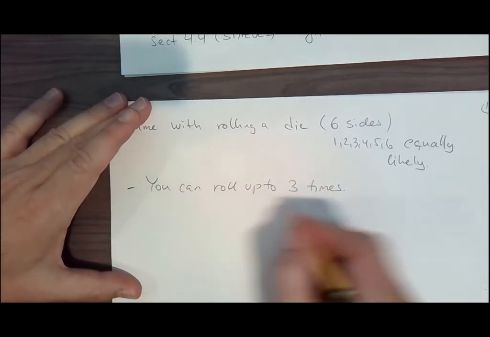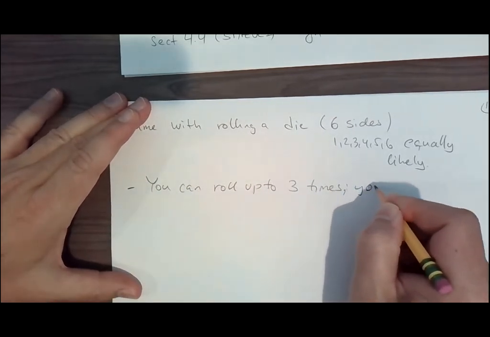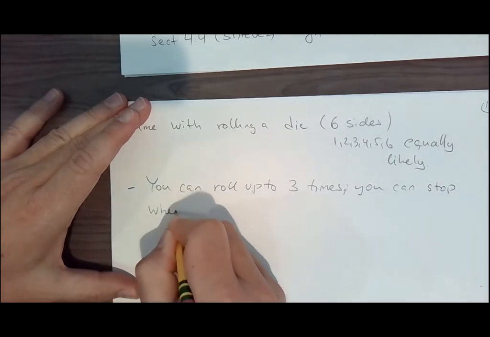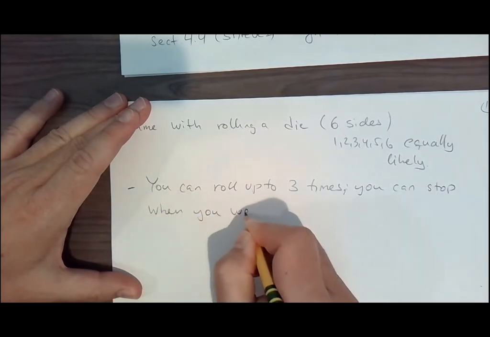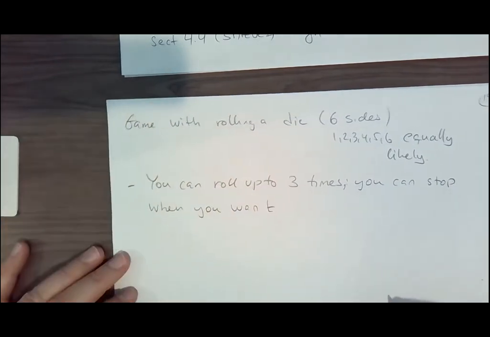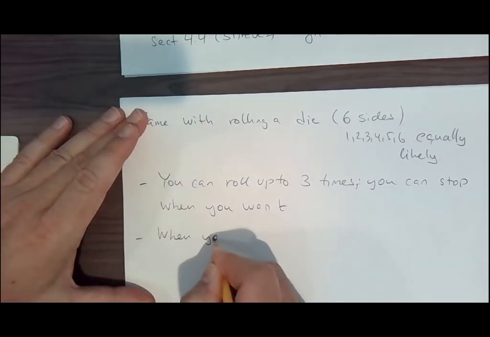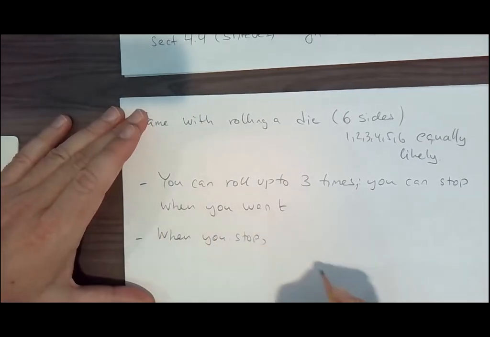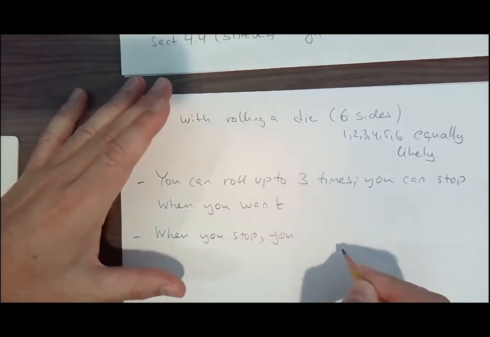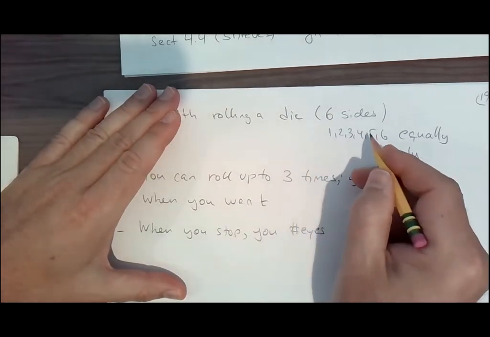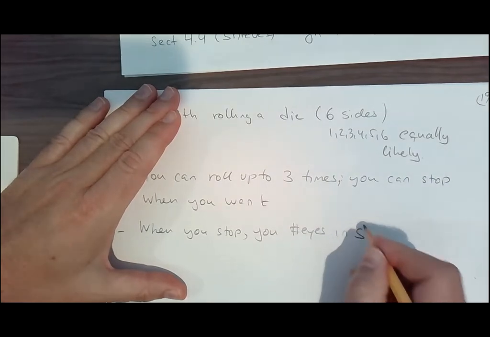And you can stop when you want. Right, so when you stop, you get the number of eyes, so 1, 2, 3, 4, 5, 6 in dollars.